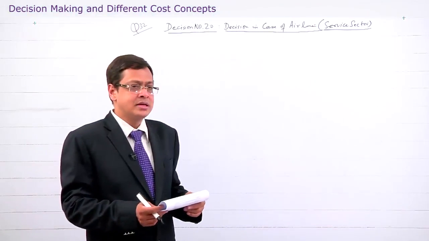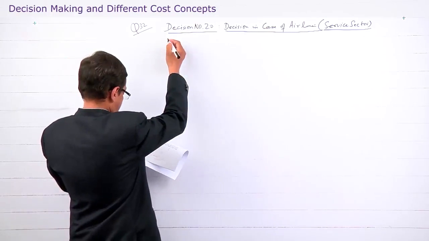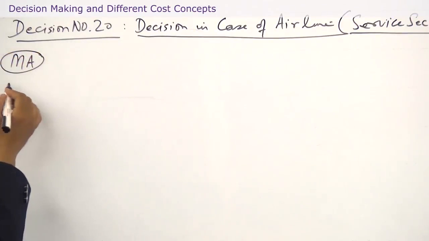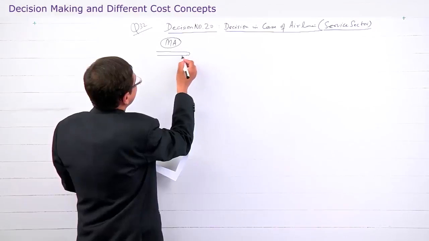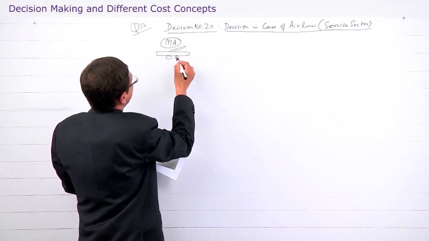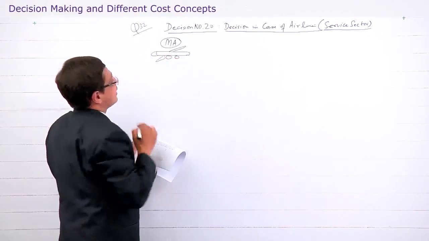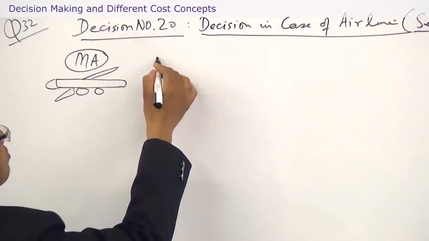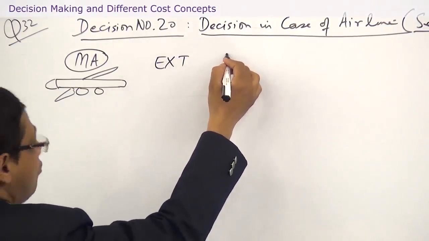So, how to present this information? We can present it like this. We have Modern Airways, which is flying. It flies between X town and Y town.